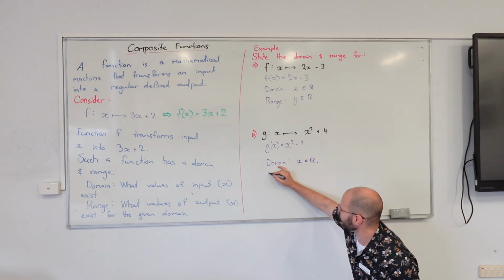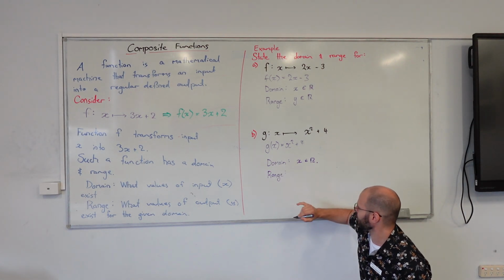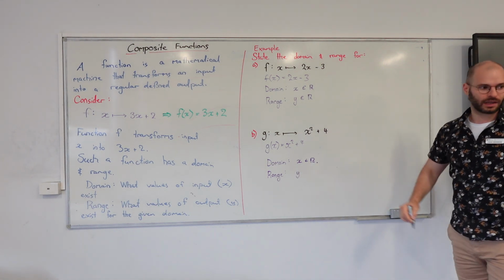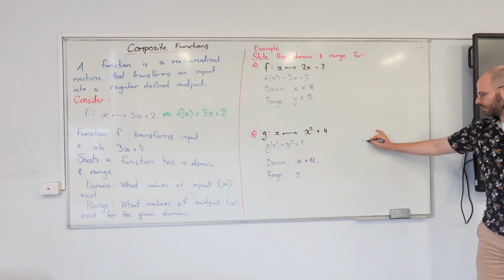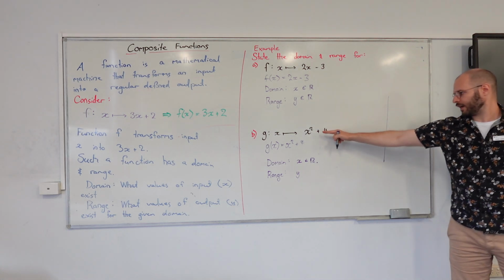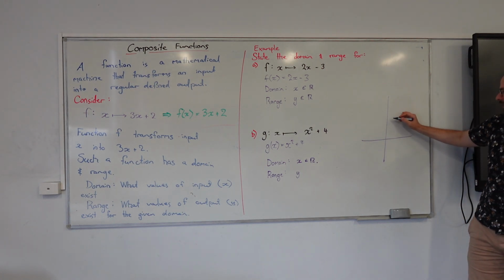But think about our range here, and this is where you have to consider what this function will look like if we graphed it. It's x squared plus 4, so it's going to be a smiley face, and it's going to have a y-intercept of plus 4.